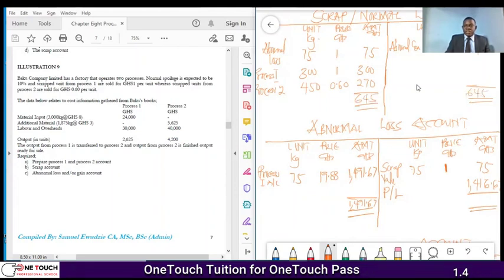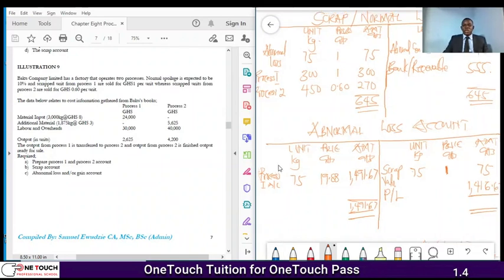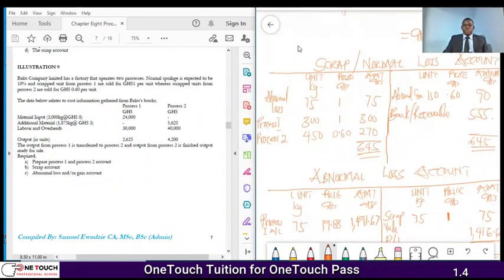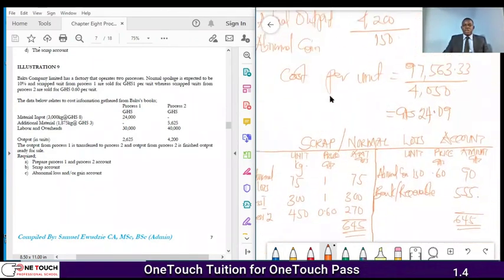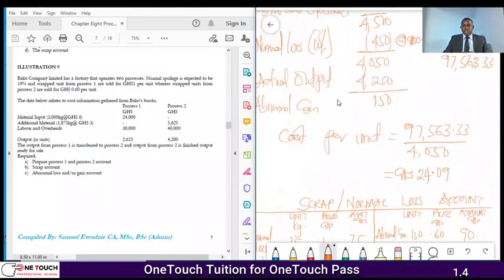So the difference, that's bank receivable, will be minus 90. That gives us 555. Good. So this is how the process account, the scrap value, the abnormal loss and abnormal gain will be looking like.